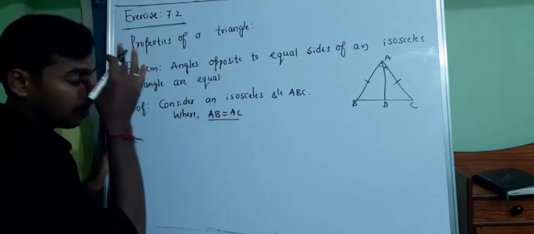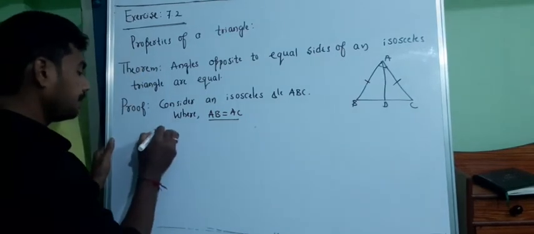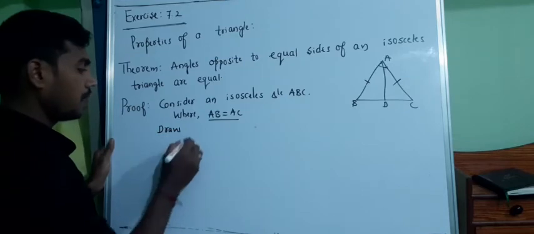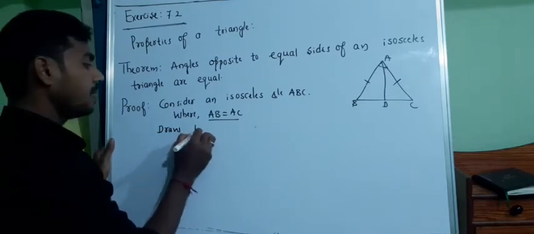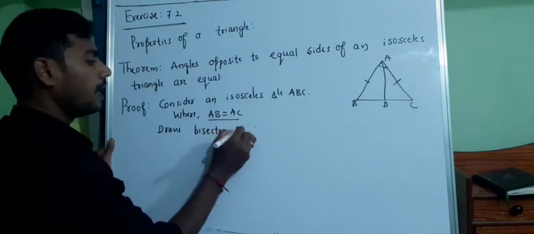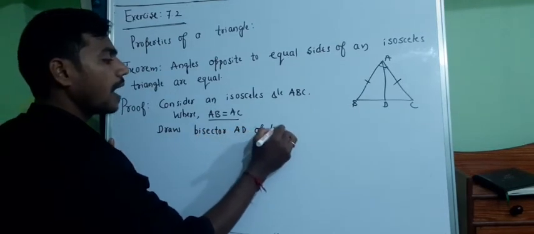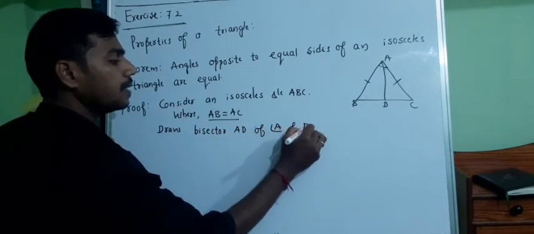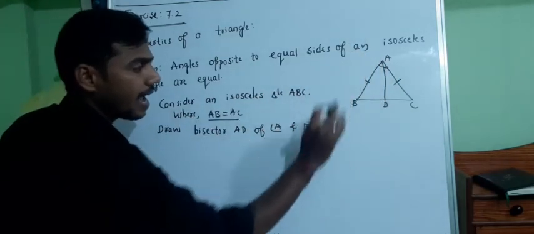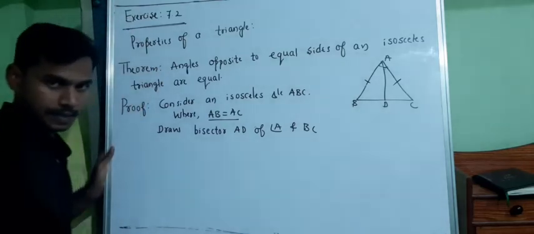Fine. Now draw the bisector AD of angle A and BC. So AD is a bisector, it bisects angle A as well as side BC.